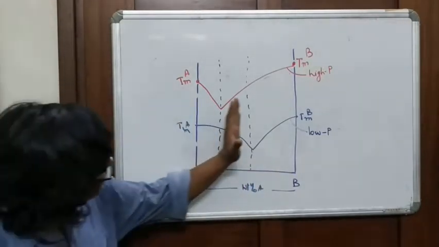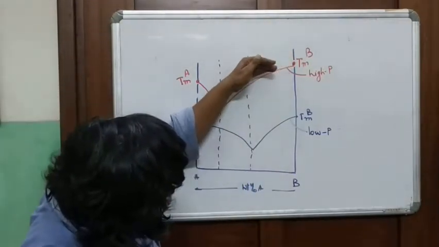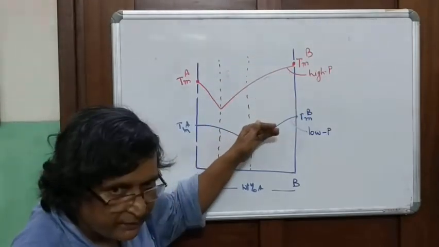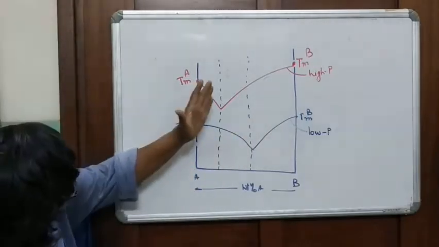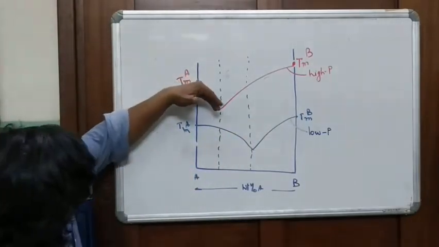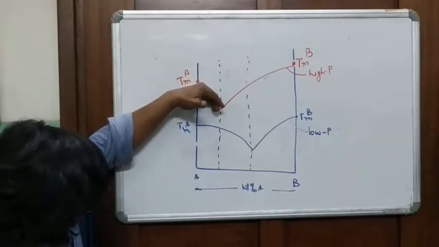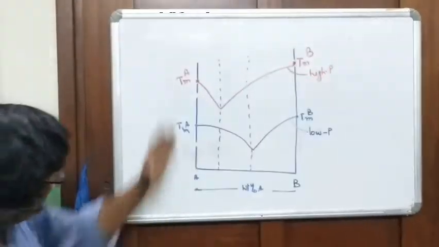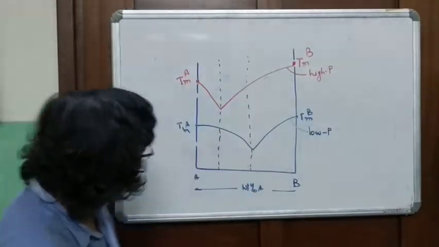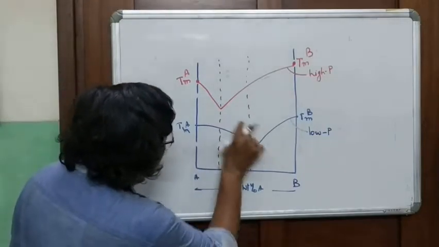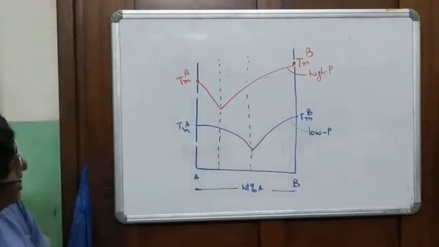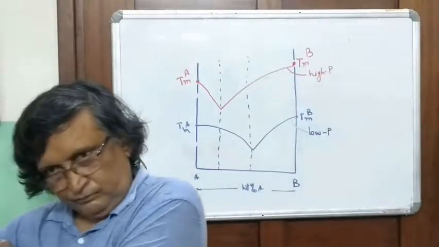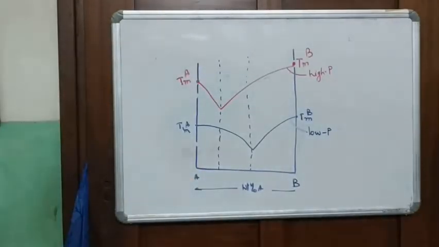Here in this part, the high pressure liquidus of B is followed at low pressure by the low pressure liquidus of B. On this side of the diagram, the high pressure liquidus of A is followed downwards by the low pressure liquidus of A. But in the middle, which is defined by the two eutectics, the high pressure liquidus of B is followed by the low pressure liquidus of A. So there are three parts.